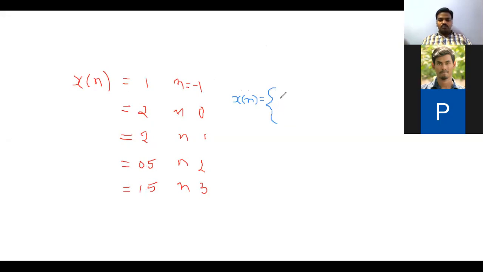Now you need to mention the amplitudes: 1, 2, 2, 0.5, 1.5.